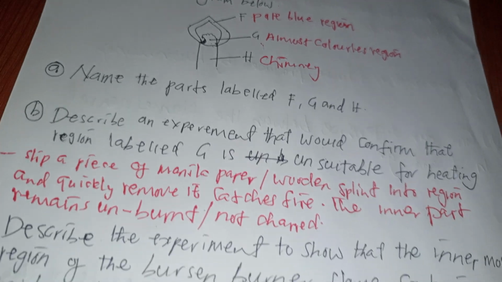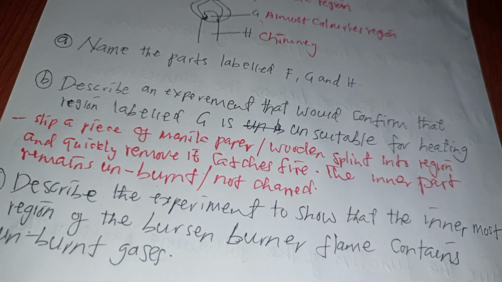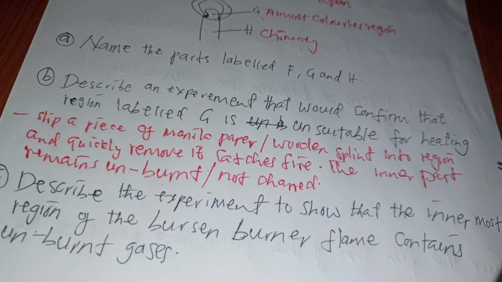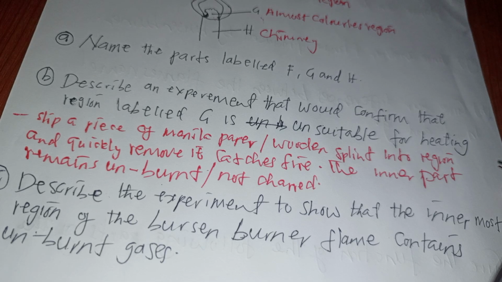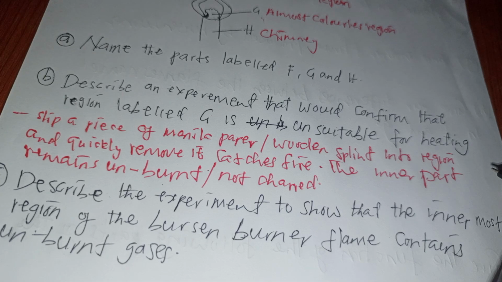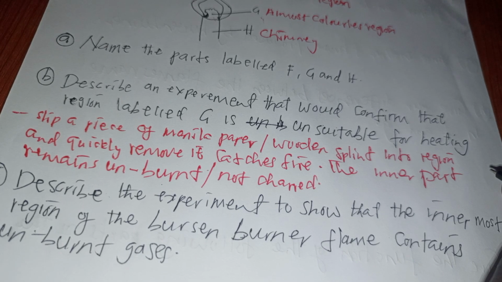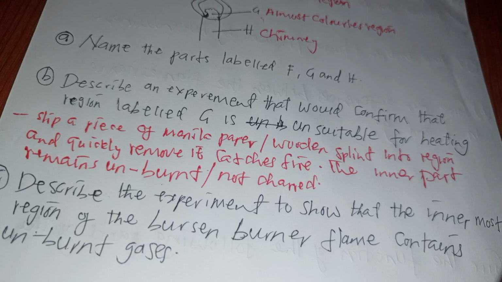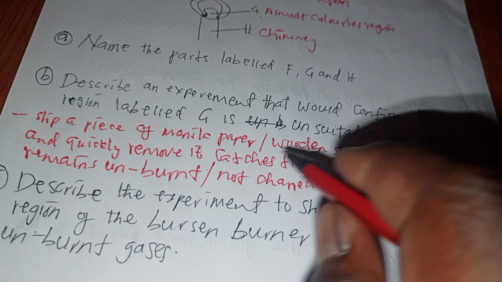Okay, so this is a simple experiment you can do. You insert a strip of Manila paper, or one can use a wooden splint, into the region mentioned, which is G, and you quickly remove it.